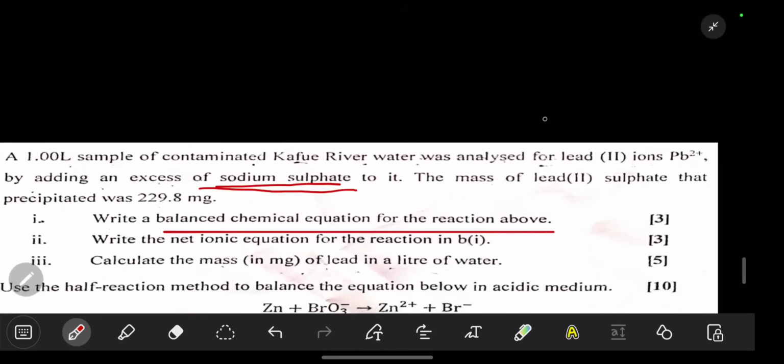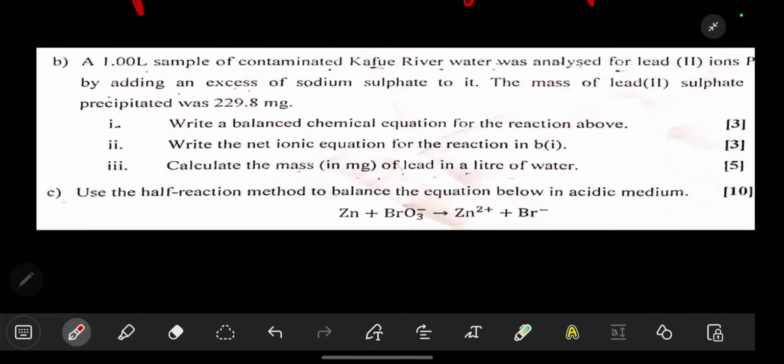Let's move on. For this one, we are told to calculate the mass in milligrams of lead in the liter of water.